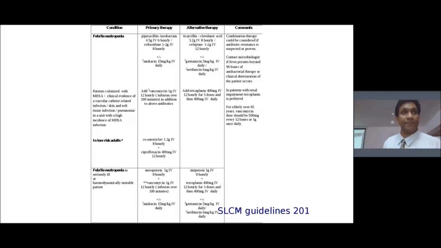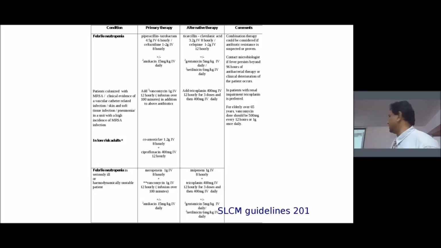Piperacillin-tazobactam 4.5 is usually given 8 hourly or 6 hourly, right? Plus or minus an aminoglycoside. Okay, because it has a synergistic effect, isn't it? And basically you need to use a broad spectrum antibiotic covering the gram negatives, positives, and the anaerobes.